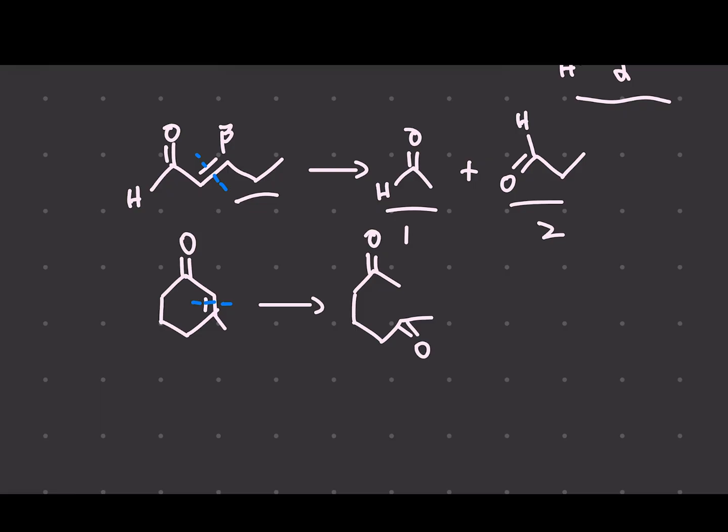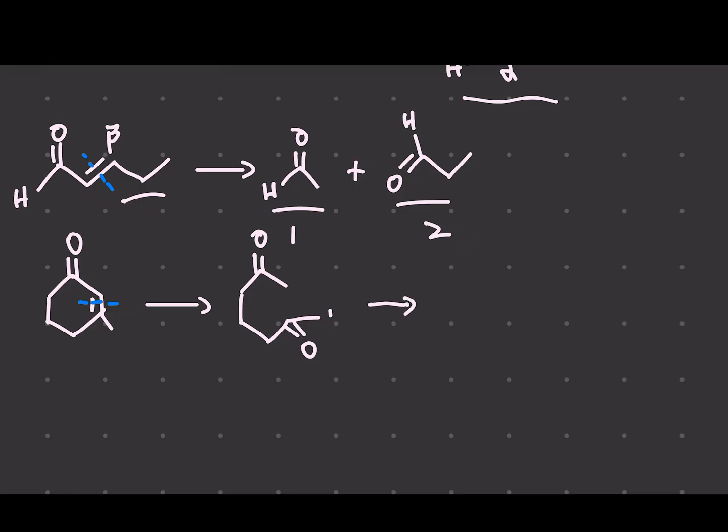And this is a 1, 2, 3, 4, 5, 6, 7, and this is the same as this. 2, 3, 4, 5, 6, 7. And this is a starting material for our Aldol reaction.